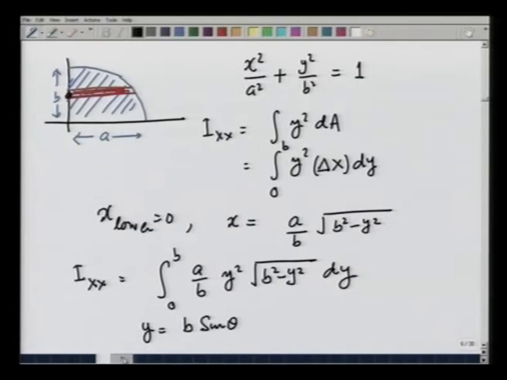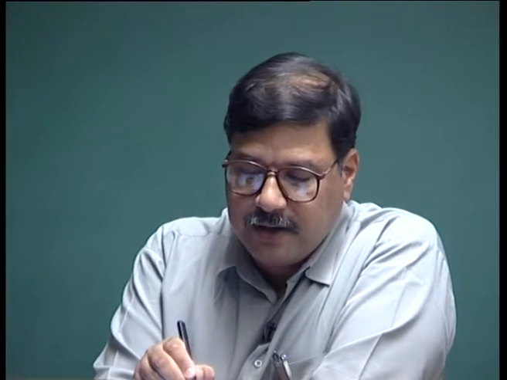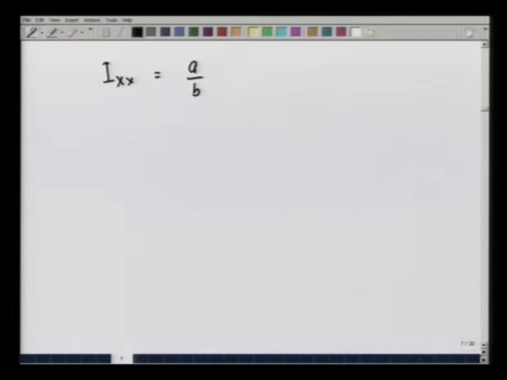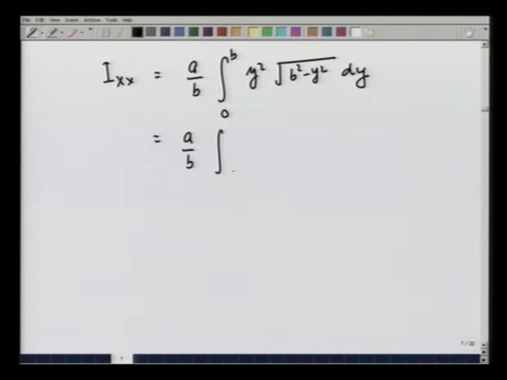By doing so, I get Ixx as a over b integral 0 to pi by 2, y square is b square sine square theta, the square root of b square minus y square is going to be b cosine theta, and dy is again b cosine theta d theta.